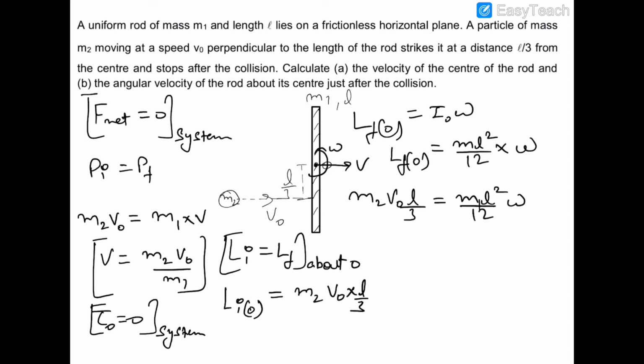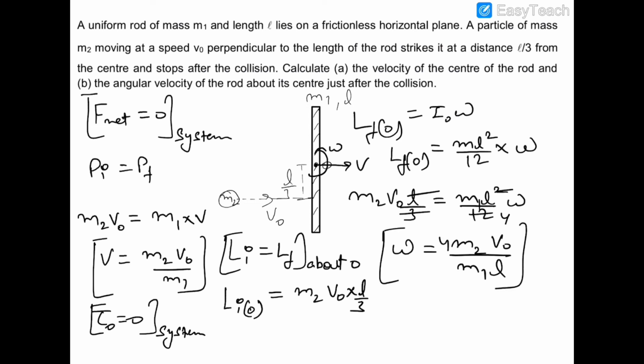Cancelling L with L, 3, and this is 4. So omega will be equal to m2 v0 by m1 L, and this is 4. So this is the value of omega. We had to find out the velocity as well as omega, and these are the final answers.